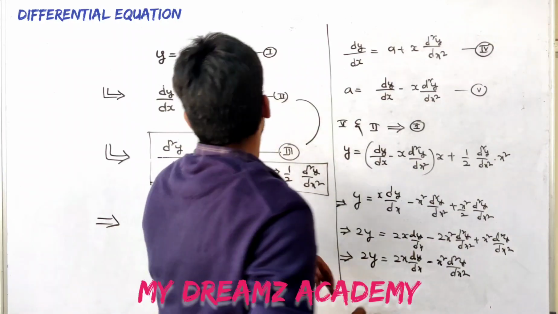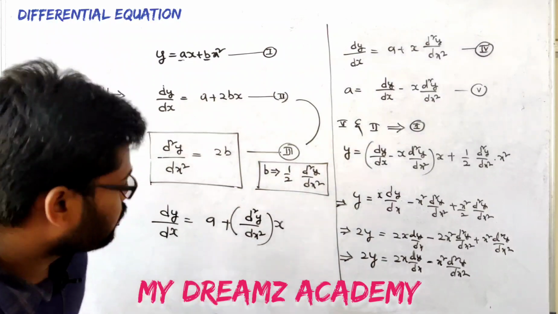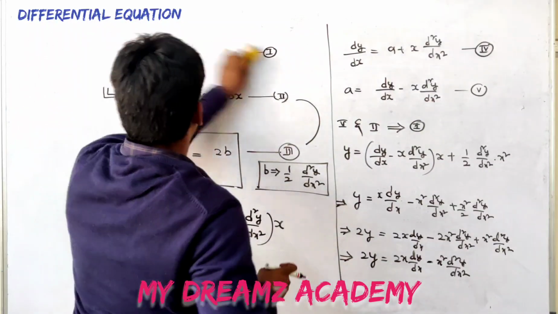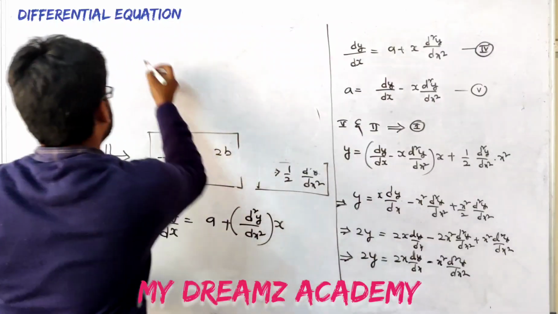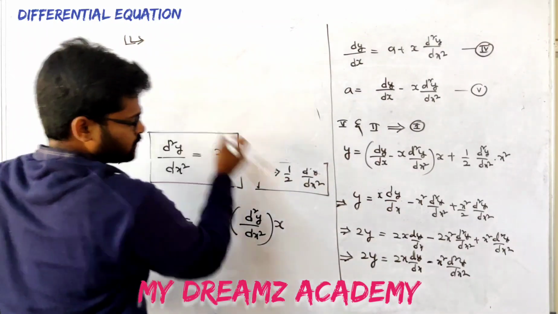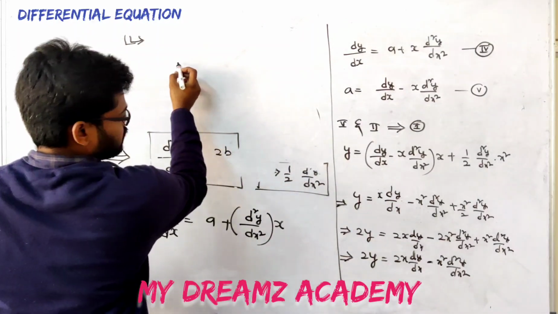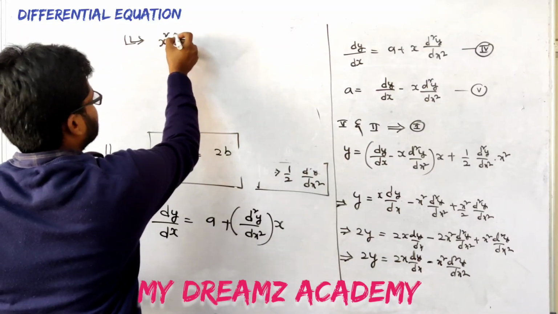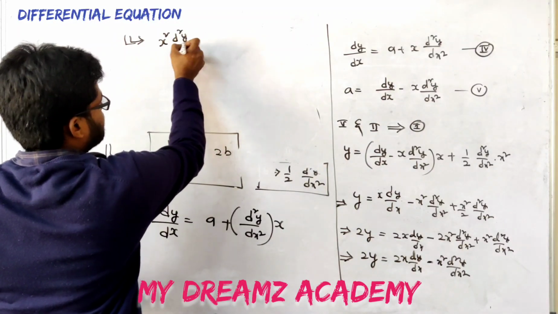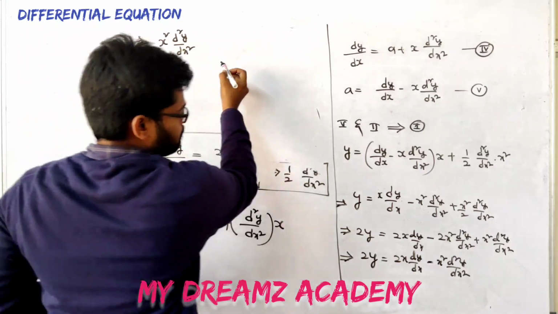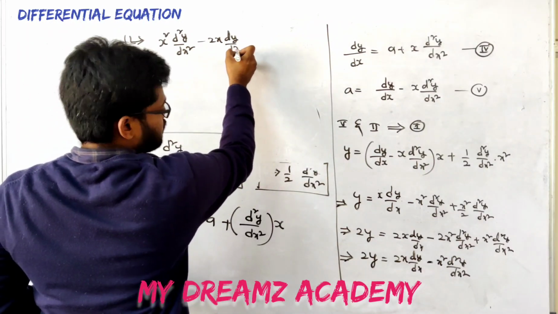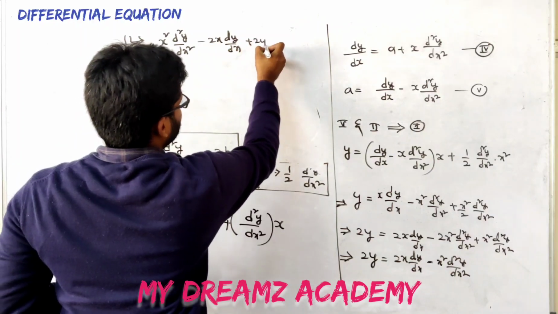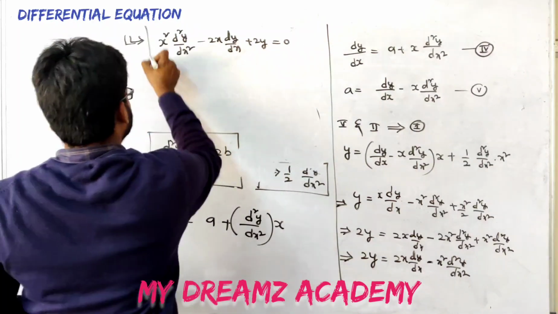This is the solution. If you want to simplify further, it depends upon what the question asks. You can simplify this also: x square d square y by dx square minus 2x dy by dx plus 2y is equal to 0.